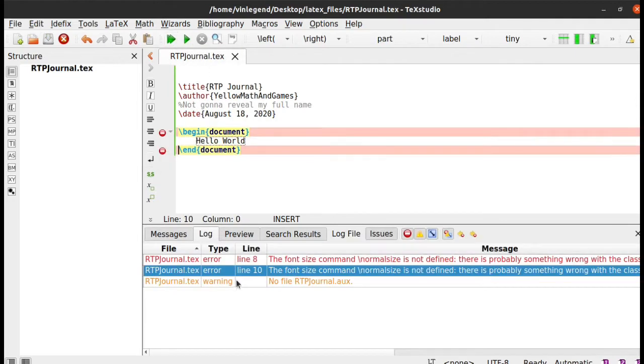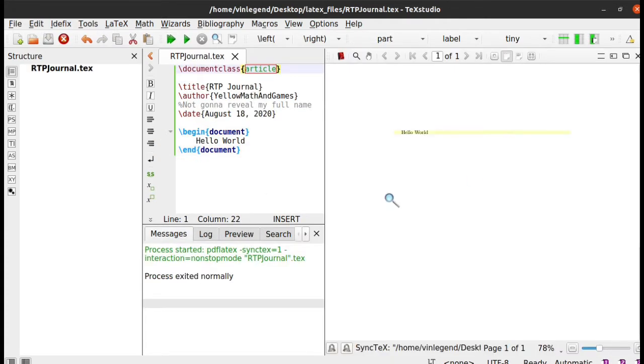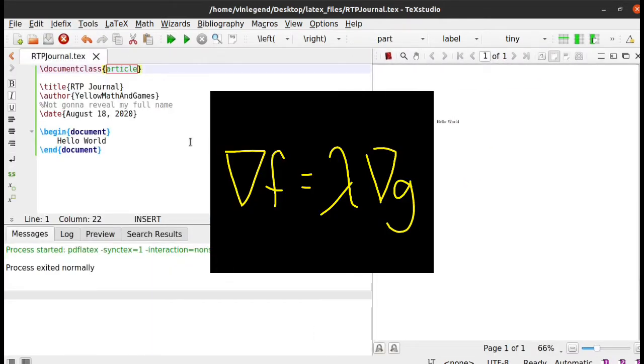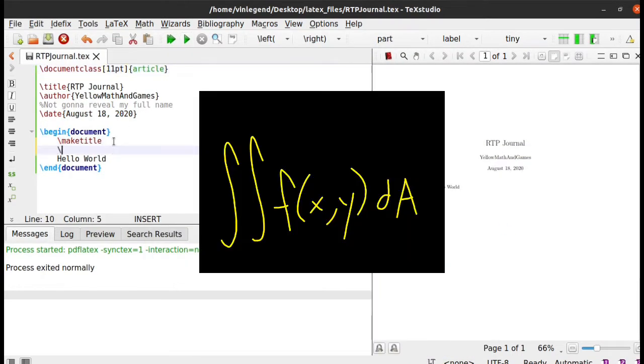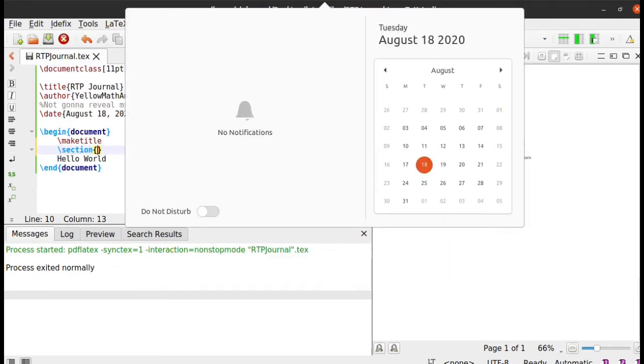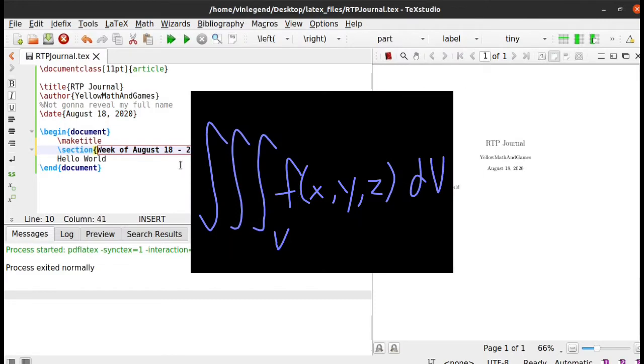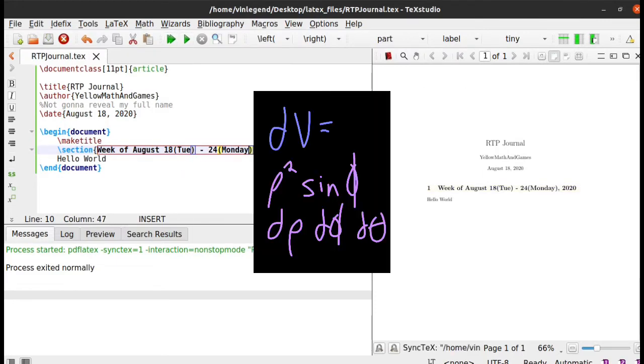Of course, why not learn LaTeX while we're at it? So I started my review with Lagrange Multipliers and quickly got the hang of it. And I moved on to double integrals. That was pretty easy. Then I moved on to triple integrals, and I finally got the hang of spherical coordinates.